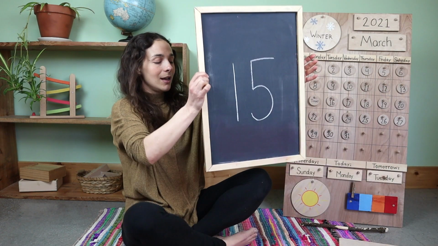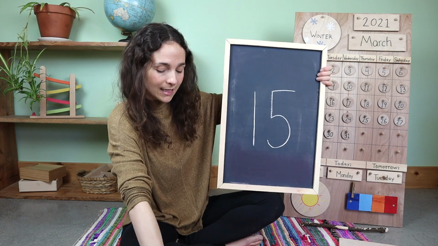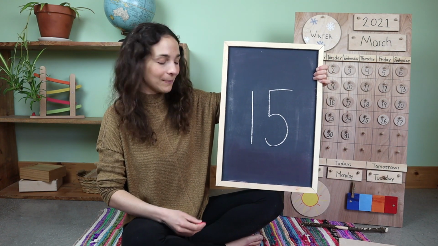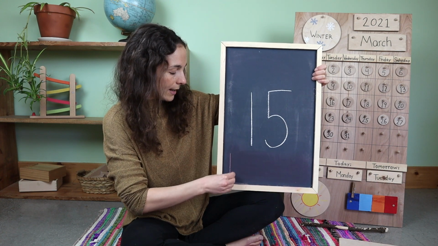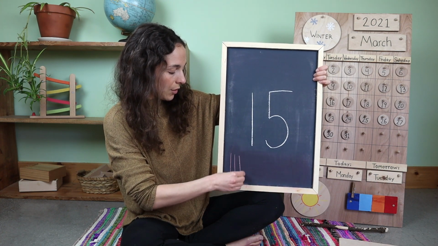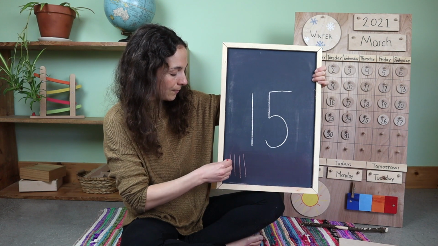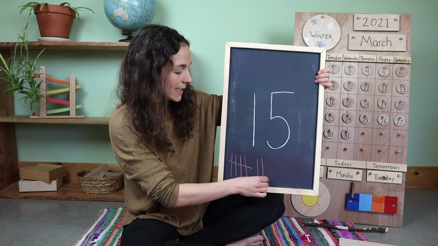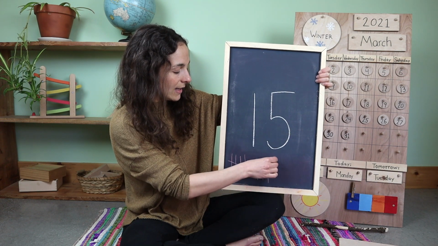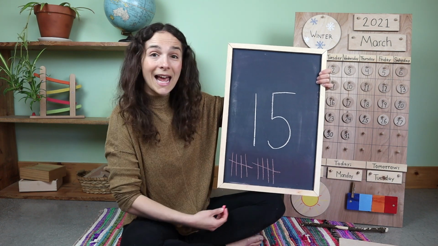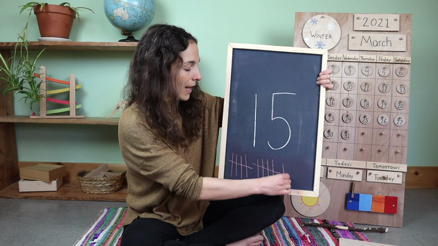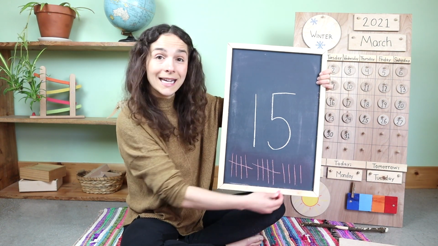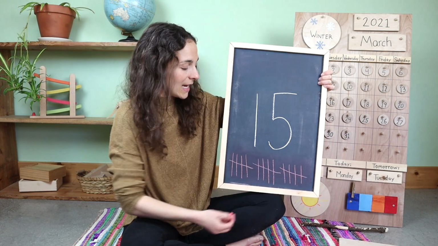Now, let's count 15 tally marks together. I'll draw them on the bottom of the chalkboard and we can count together. Here we go. 1, 2, 3, 4, 5 goes across, 6, 7, 8, 9, 10 goes across, 11, 12, 13, 14, 15.